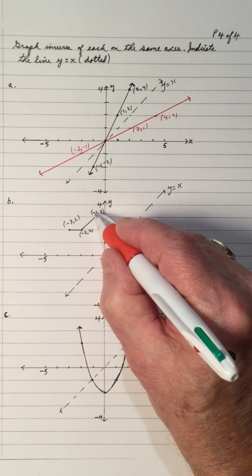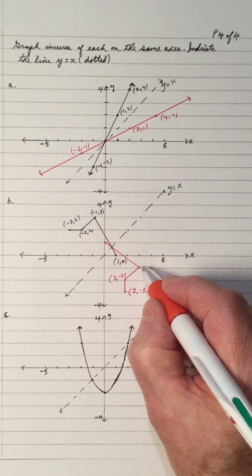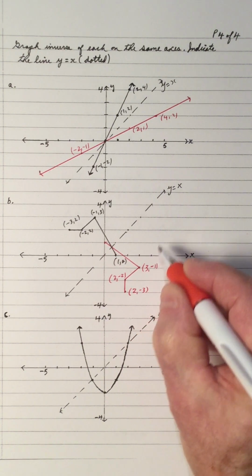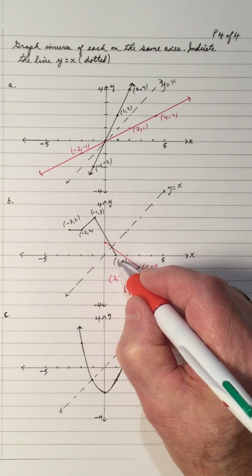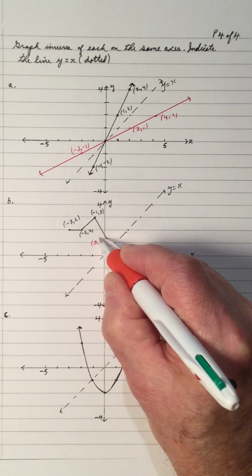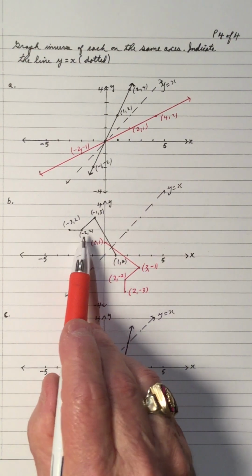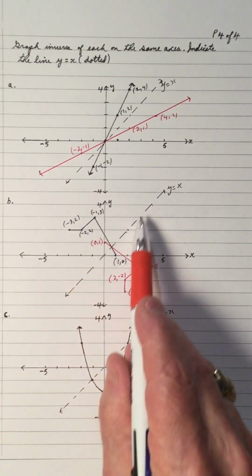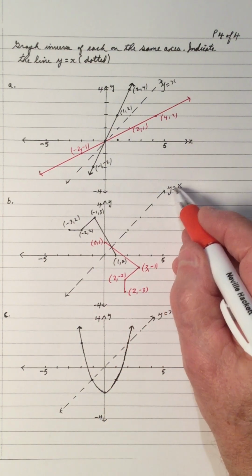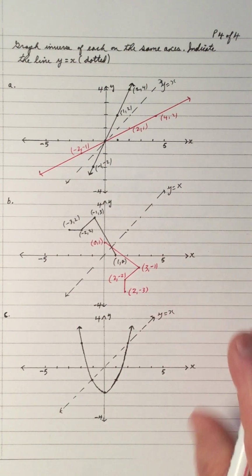And this is -1, 3. This is 3, -1. And this point here is 1, 0, is x is 0, y is 1. So again, this graph right here is reflected in the line y equals x. So the ordered pairs, x becomes y and y becomes x.